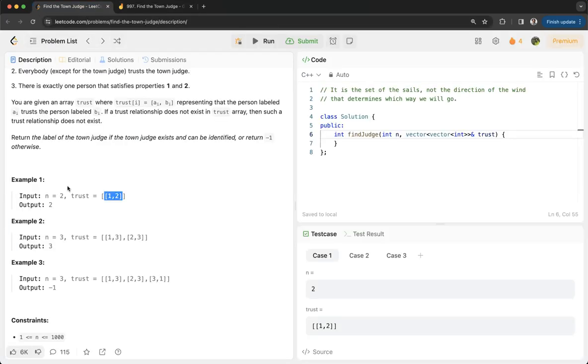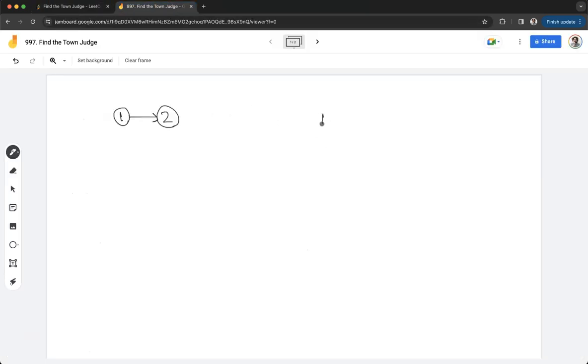The next example is we have 3 nodes, and we have 1 trusts 3 and 2 trusts 3. So we have 1, 3, and then we have 2, 3. So again, here 3 is the judge, because everyone else is trusting 3, and 3 is trusting no one else.